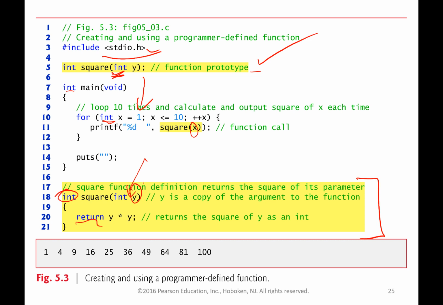This line here and this line here are typically copies of each other, with the exception that this one has a semicolon at the end. So typically when I write a function, I write the function and then copy the first line up to the top and just put a semicolon.